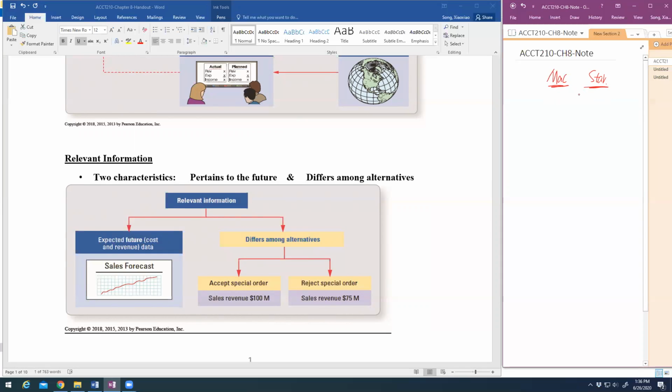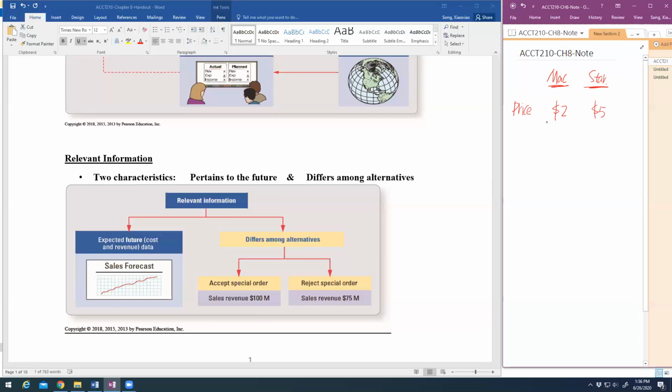How do you make a decision? First, the factor you may think of is the price. Let's make an assumption. McDonald's has a dollar menu, so I just spend $2, and that will be enough. But Starbucks is more expensive, so I need to spend $5.